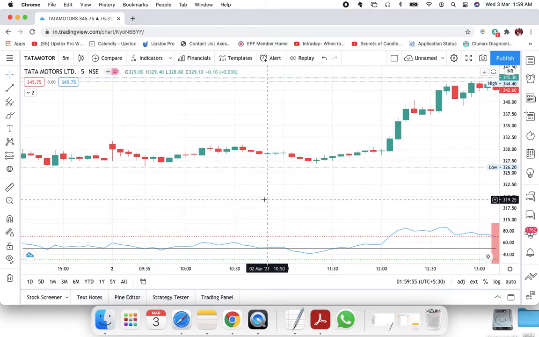So to summarize, the green represents buyers are active, the red represents sellers are active.